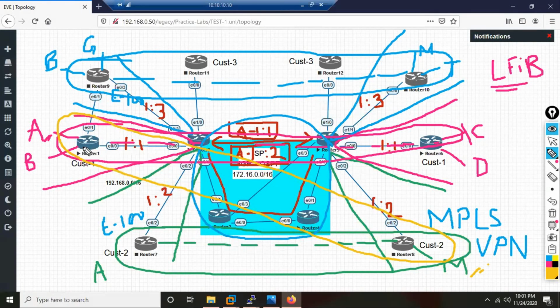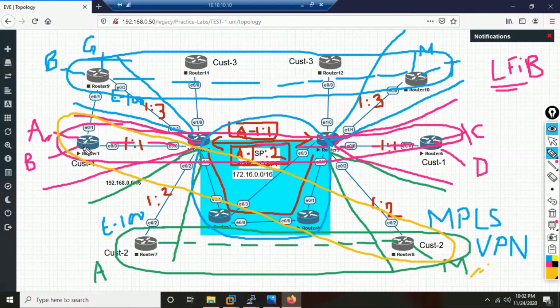And this is where your RD fails. RD's job is what? It identifies membership of only one single VPN. But if one site would like to participate in more than one VPN, you can't have two RDs. You can't have three RDs.